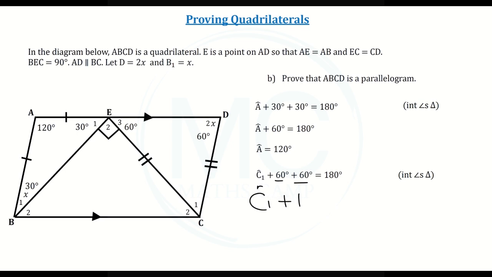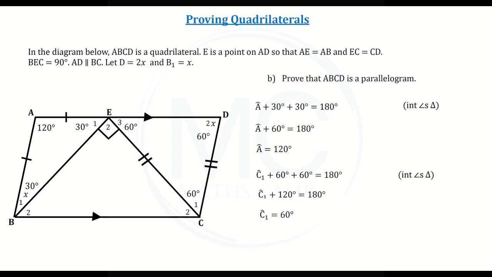So we say plus 120 degrees is equal to 180 degrees. To get angle C1 by itself, we're going to move 120 to the right. 180 minus 120 leaves us with 60 degrees. This is the size of angle C1. You can put this into our diagram.